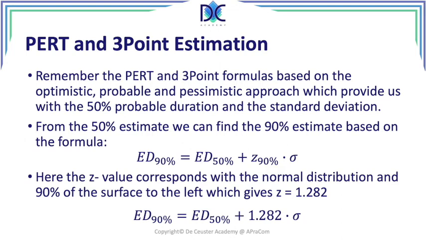And we also see that the buffer, or the difference between the expected duration at 90% and the expected duration at 50%, is exactly 1.282 times the standard deviation. So we use that, we find the extra time that was allocated to the activity, we divide it by 2, and we know the time that we have to add to the buffer.